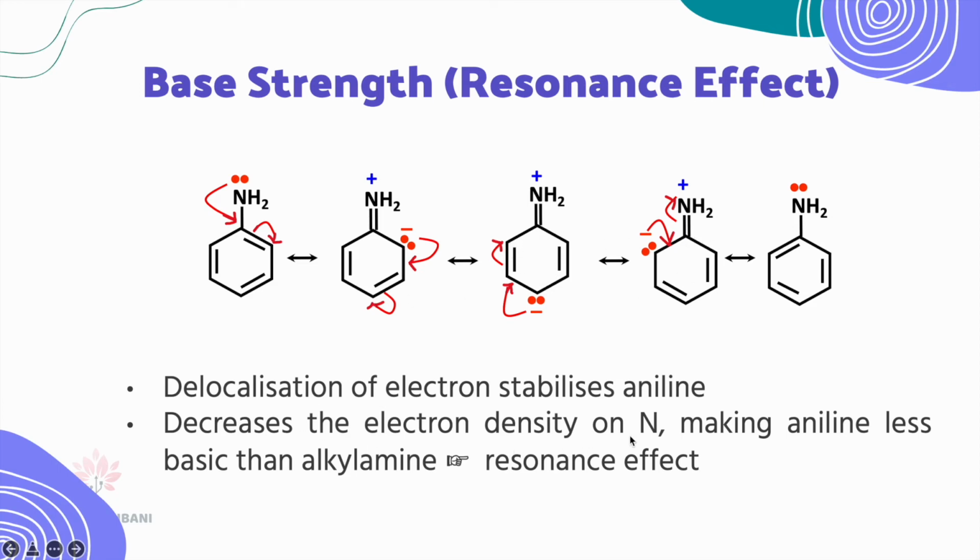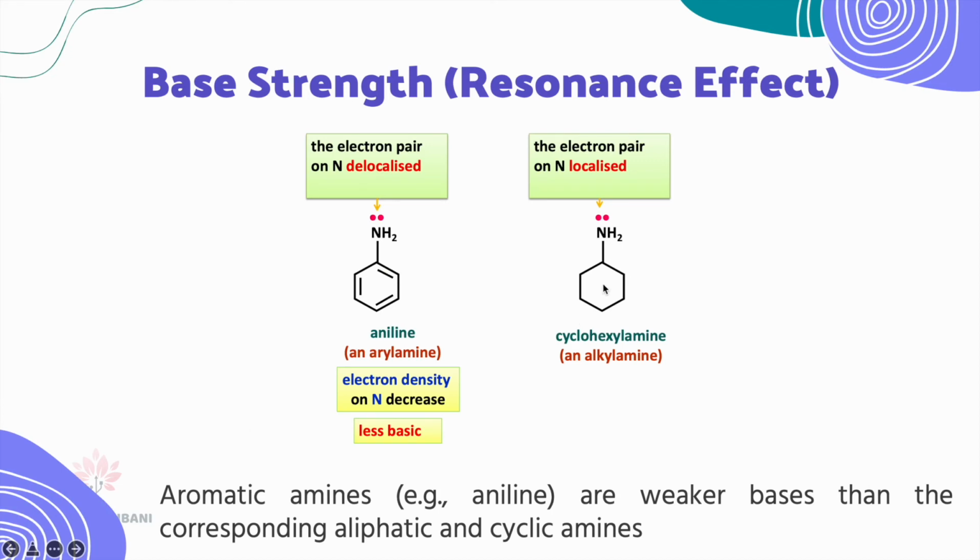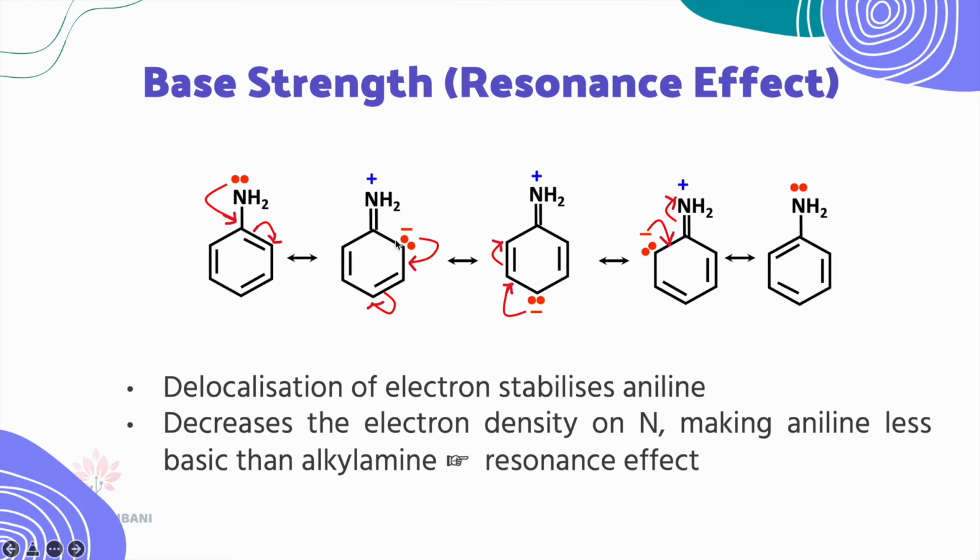This decreases the electron density on N, making aniline less basic than alkyl amine, because in alkyl amine the lone pair cannot move around the cyclic ring. Here, if cyclo, the electron cannot move around because there's no double bond, there's no benzene ring. So when the N becomes plus, it is harder to attack the H plus.